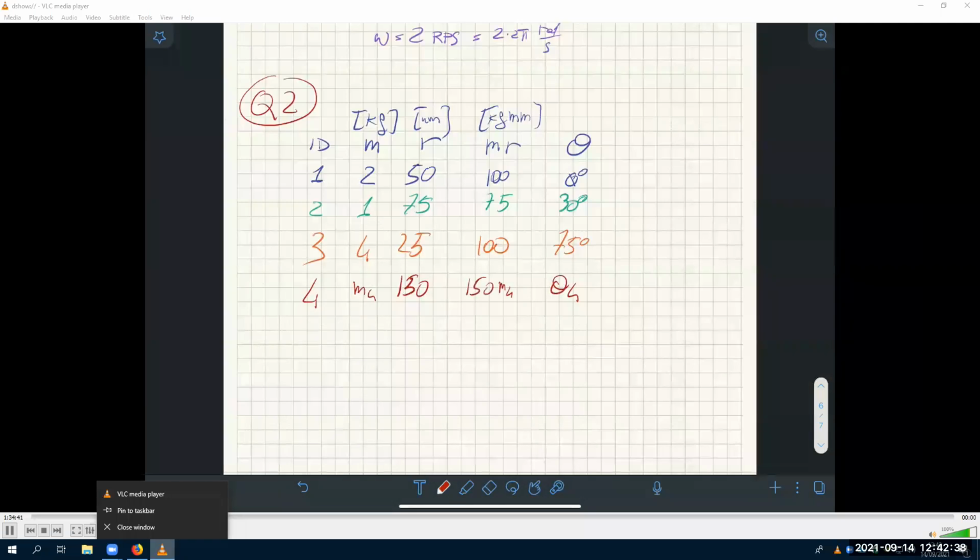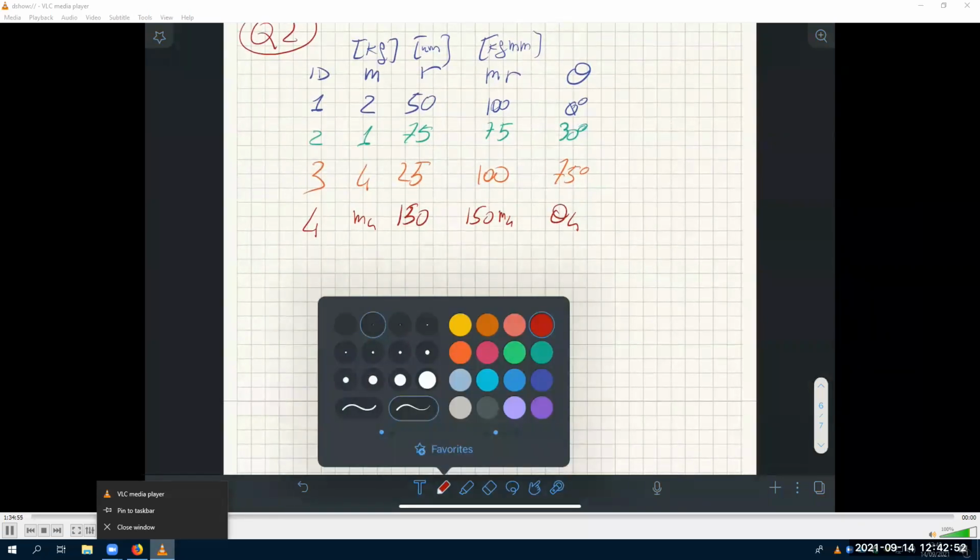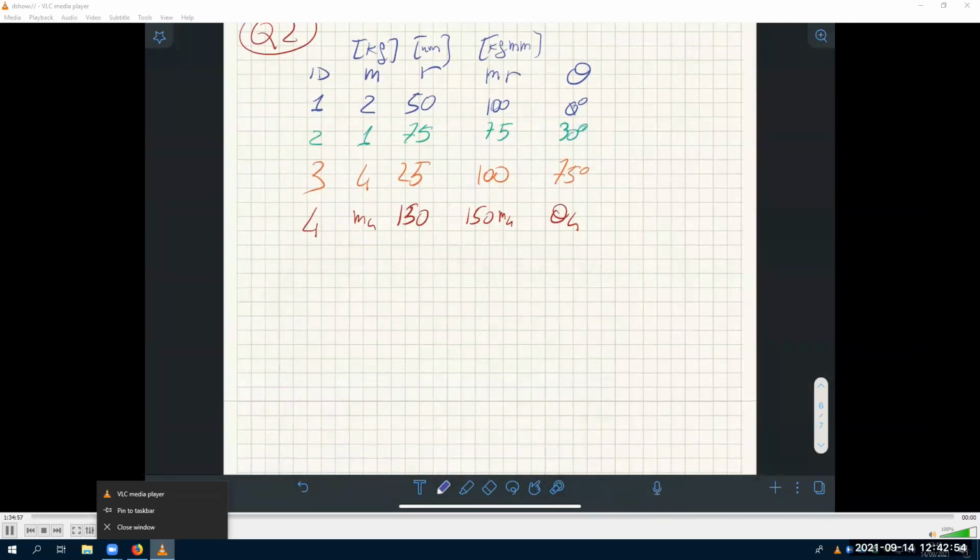Now I'm going to sketch this because I can't draw a 30 degree angle and a 75 degree angle on this thing. I can do it on paper, but not on here. So you do it properly. I sketch it. The first vector is 100. 100 for me is 5 squares.